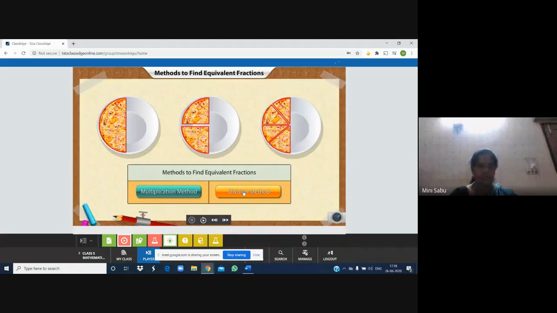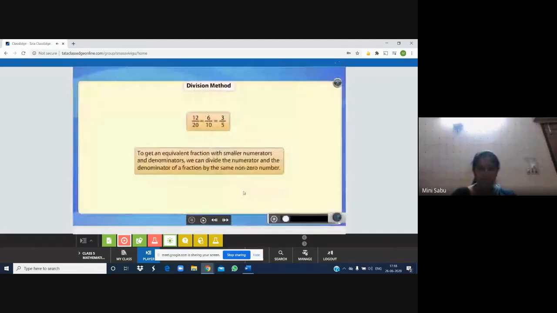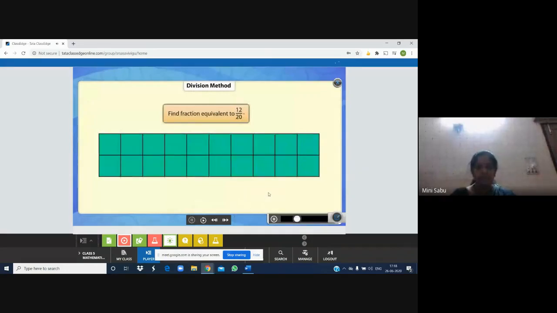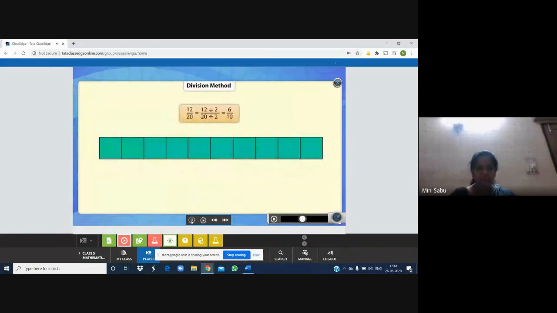To get an equivalent fraction with smaller numerators and denominators, we can divide the numerator and the denominator of a fraction by the same non-zero number. Let's find a fraction equivalent to 12 upon 20 by the division method. Dividing the numerator and denominator of this fraction by 2 to get 6 upon 10.